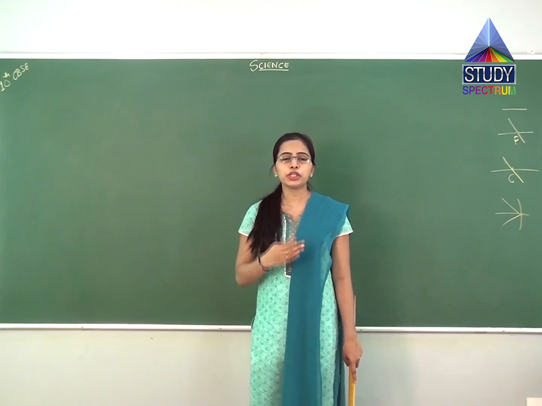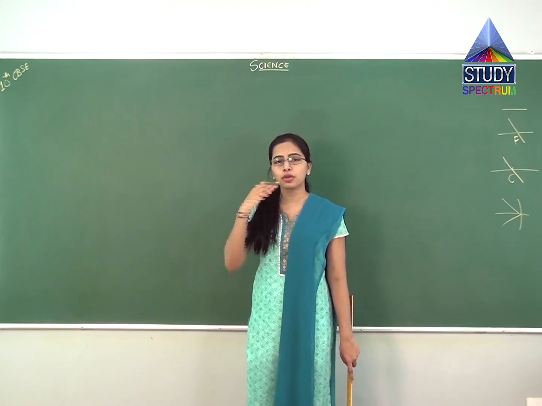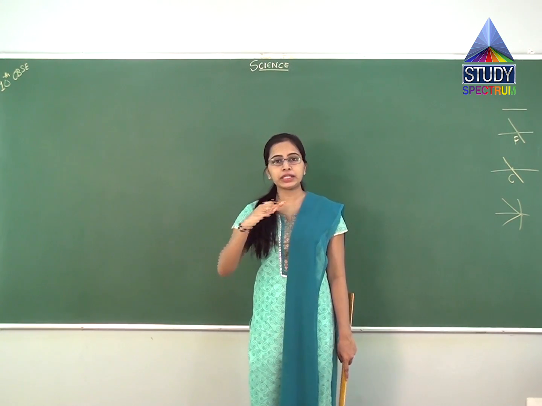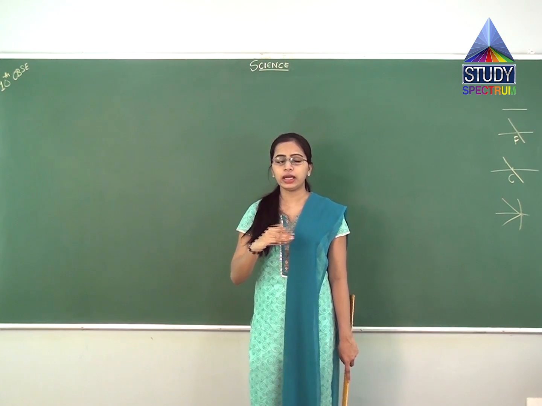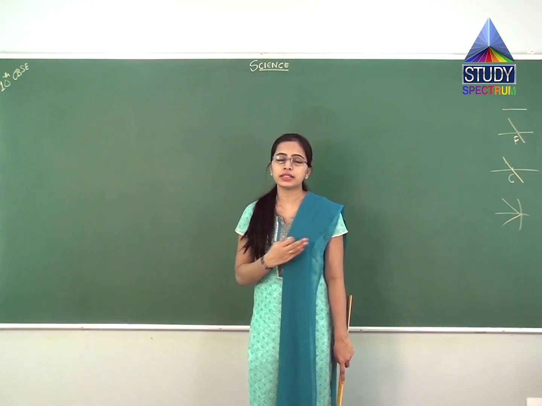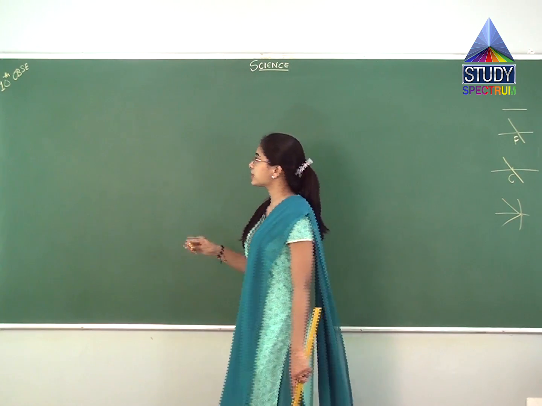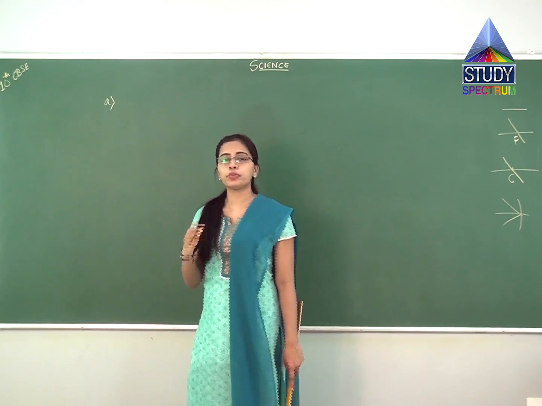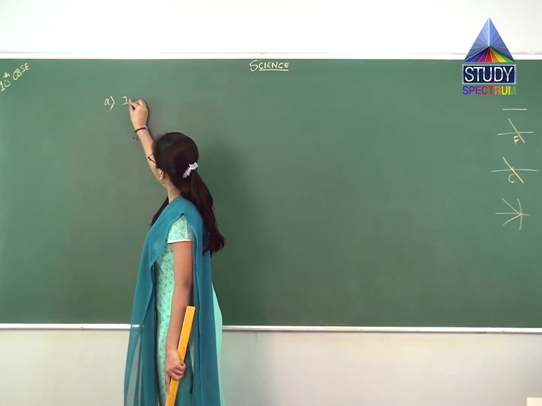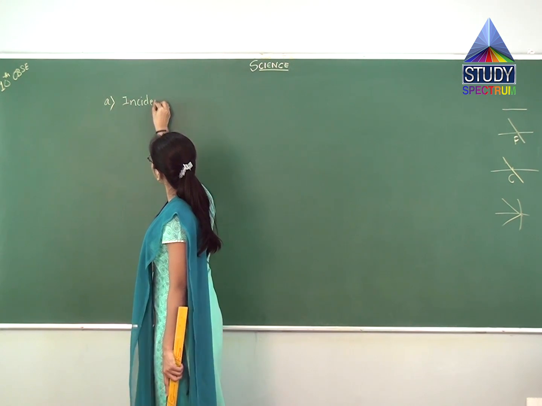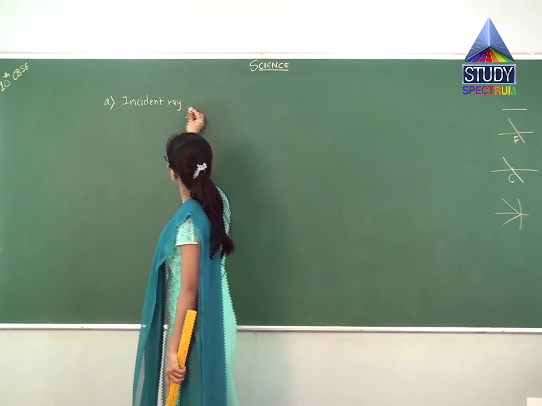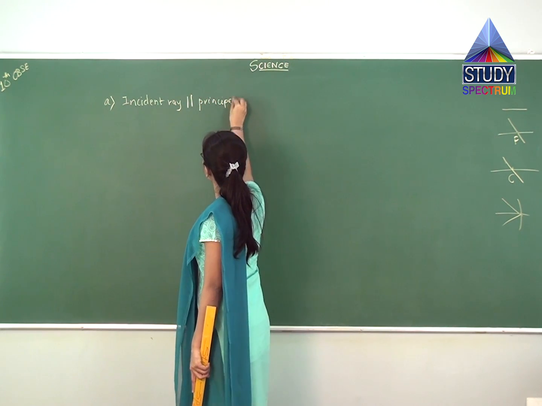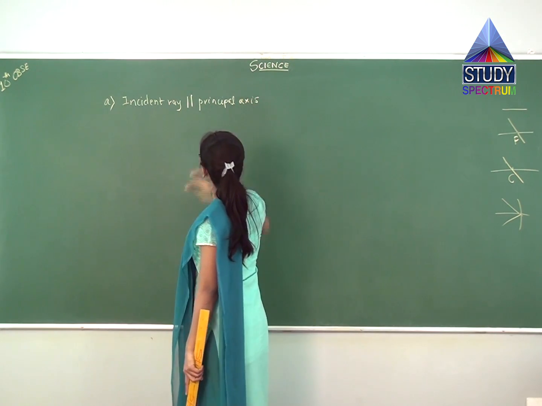Now here I will show you the different cases of incident rays on both concave and convex mirrors. I am taking different situations for the incident ray and we will see how it is reflected. Now in the first case, your incident ray is parallel to the principal axis.